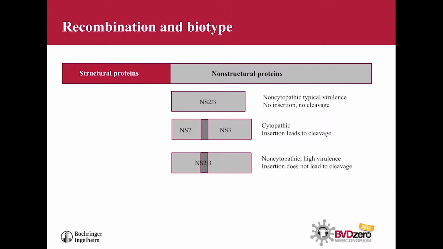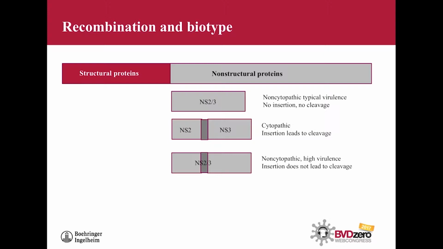It's been demonstrated by molecular biology methods that insertions into the NS3 result in a cleavage, and that cytopathic viruses have an insertion in this region, and it seems that the cleavage from the NS23 to the NS2 and the NS3 results in a change in the interaction of the virus with the immune system that allows the virus to be more easily cleared from the fetus, and so it doesn't establish persistent infection.